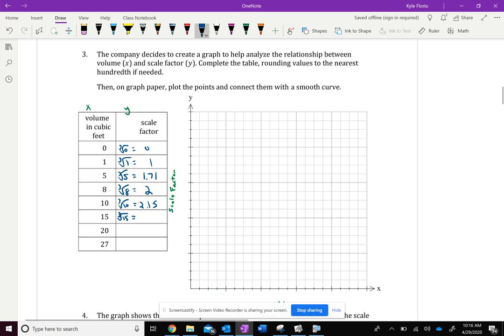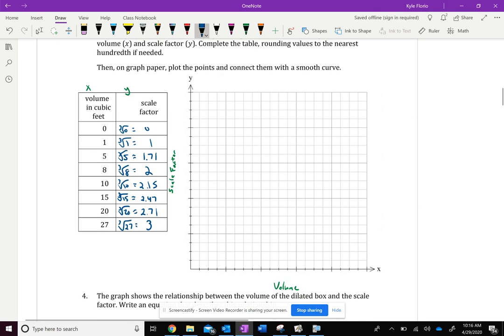Cube root of 15 is about 2.47, about 2.5. The cube root of 20 is about 2.71. And the cube root of 27, that one we can do in our heads. What times itself 3 times is 27? That would just be 3.